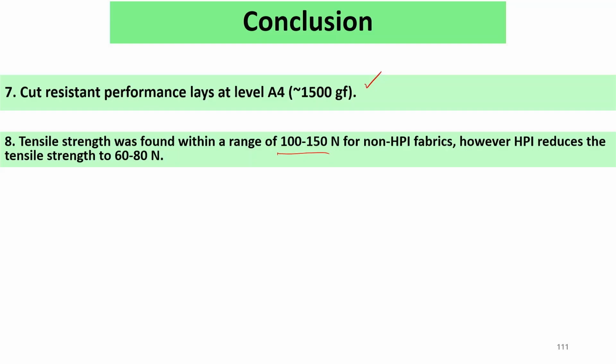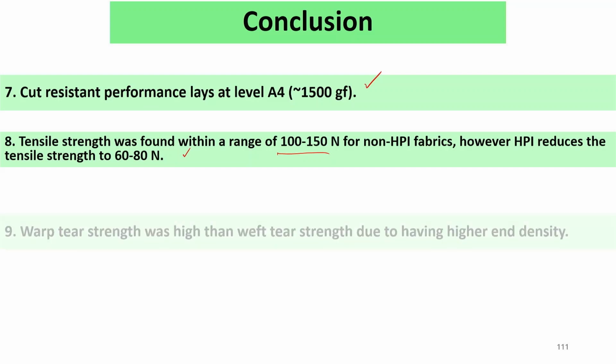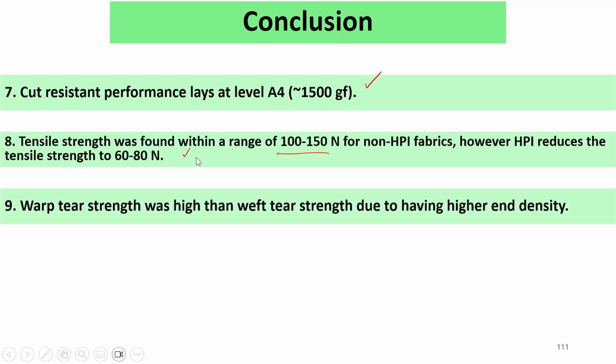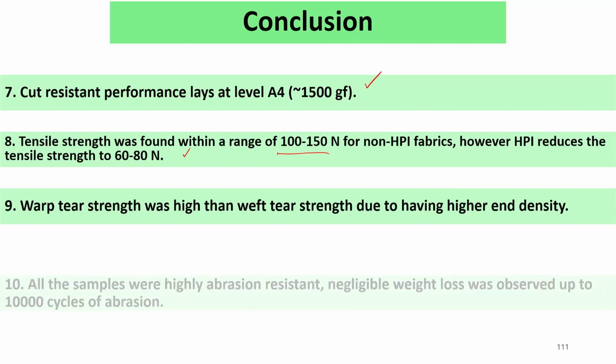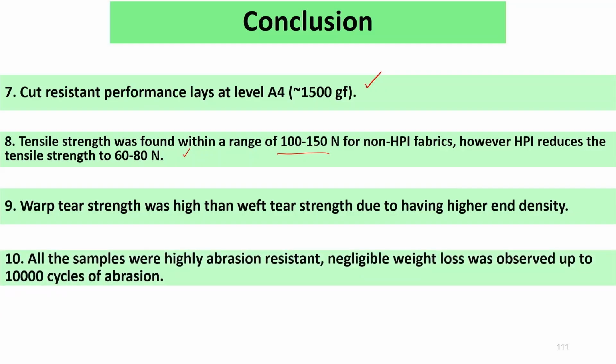However, HPI reduces the tensile strength to 60 to 80 Newton. The warp tear strength was higher than the weft tear strength due to having higher end density. All samples were highly abrasion resistant, negligible weight loss was obtained.